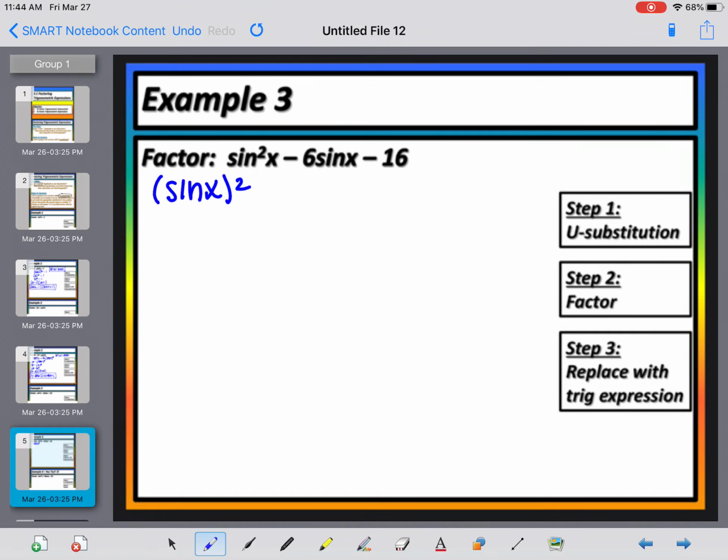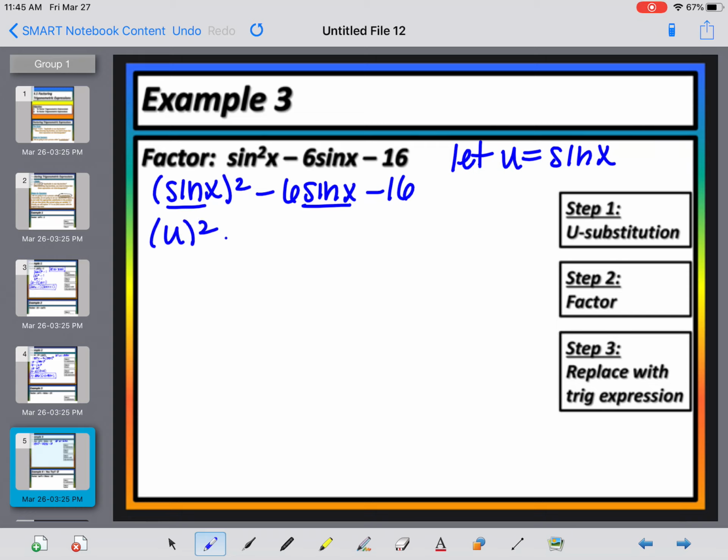Alright, so maybe we're a little bit more comfortable now, and we can go right into things. So I'm switching out sine squared x. I'm making my u substitution. You have to replace u for all of the same trig function.